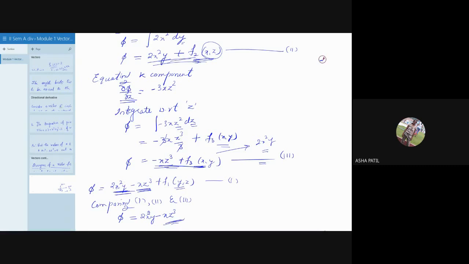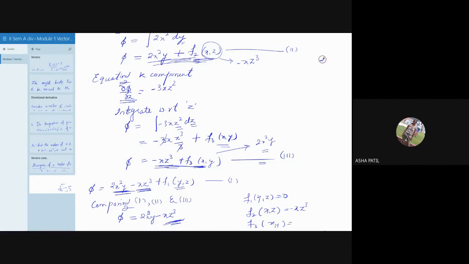And again here, if you take f2 of xz as minus xz³, you will get back this φ only.